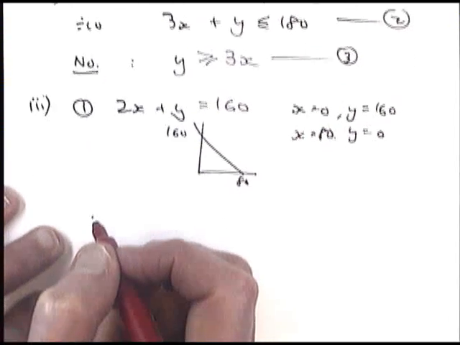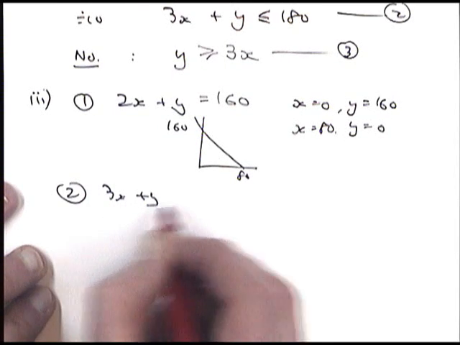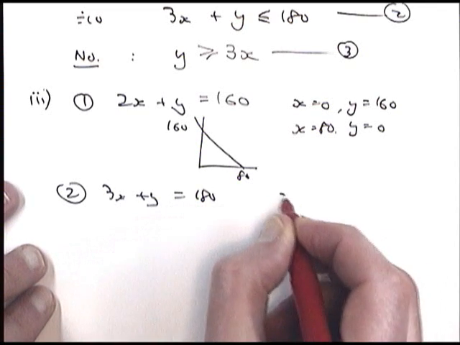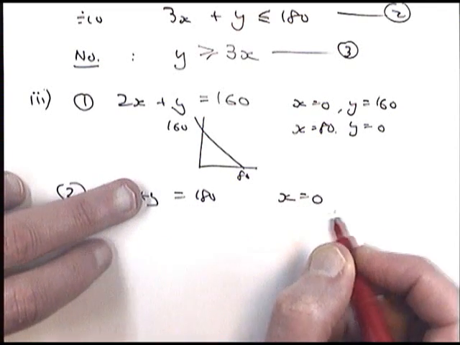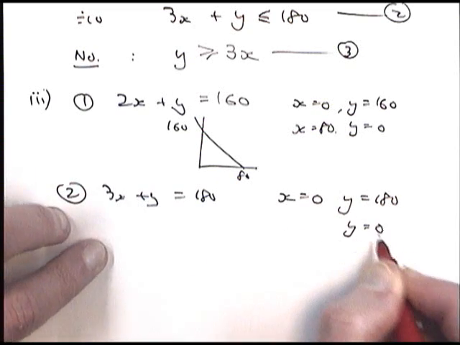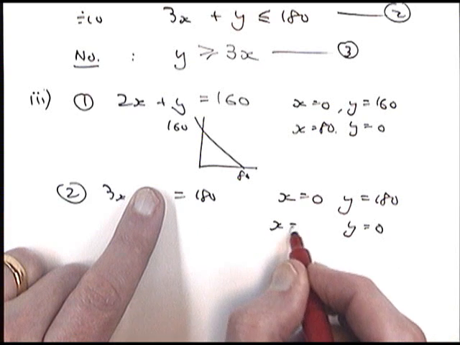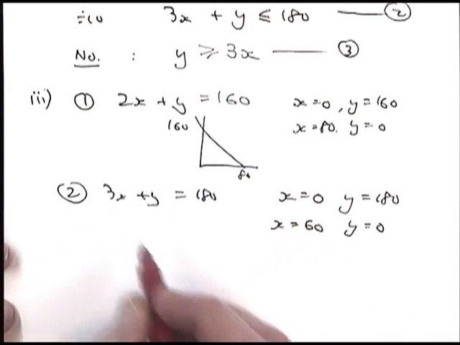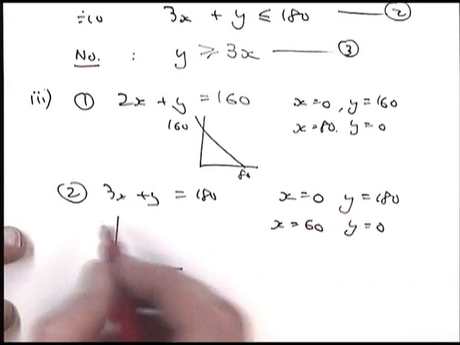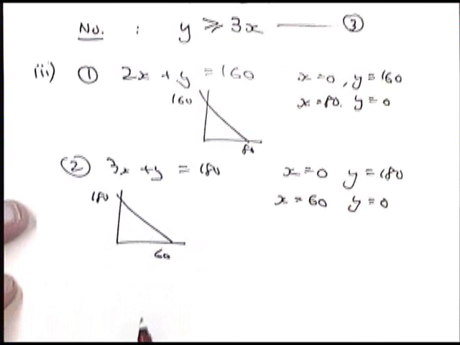The second constraint was 3x plus y equals 180. If you cover the x's up so there are no x's, we get y is 180. If you cover the y's up so y is 0, we get 3x is 180, so x is 60. So on that one we'll have 180 on the y-axis, 60 on the x-axis, and we'll have that line.